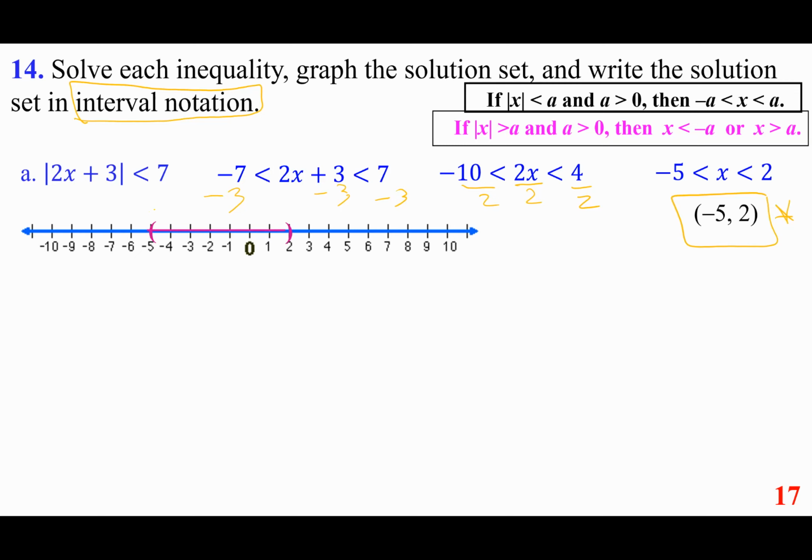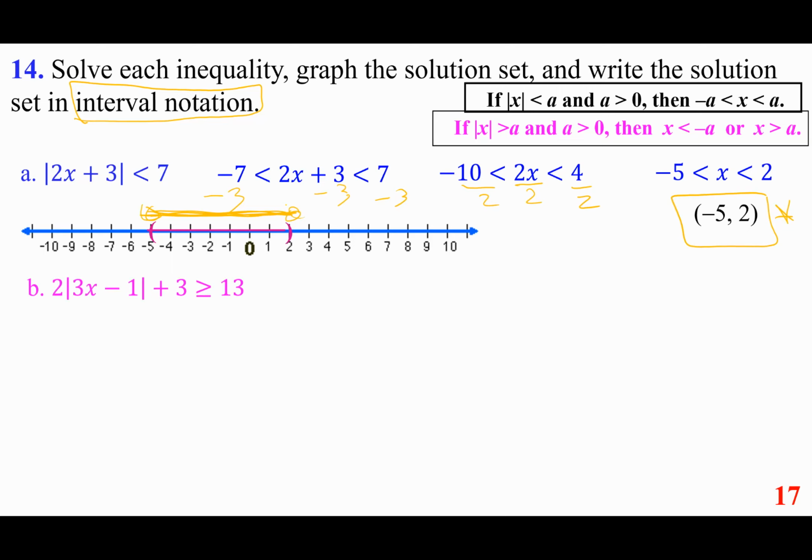So either you use a hole on each side and connect them, or you use parentheses. Don't mix and match, because the endpoints are not included, because we have only less than.